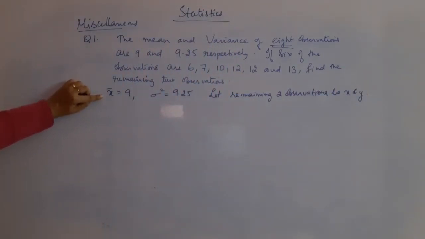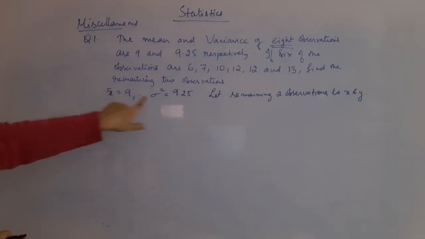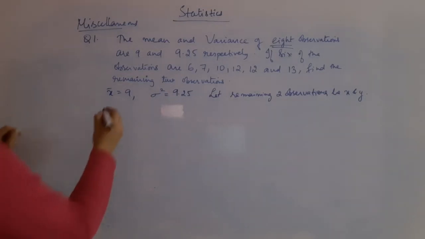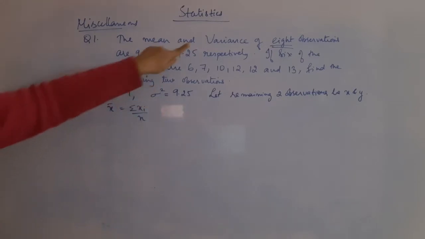Now what is the meaning of mean? You have to get 2 equations in 2 unknowns so that you can solve and find the values of x and y. That is the only thing, but you can use these 2 things. So what is this x bar? X bar is the sum of all, x bar is equal to sigma xi by n. N is 8, since there are 8 observations.